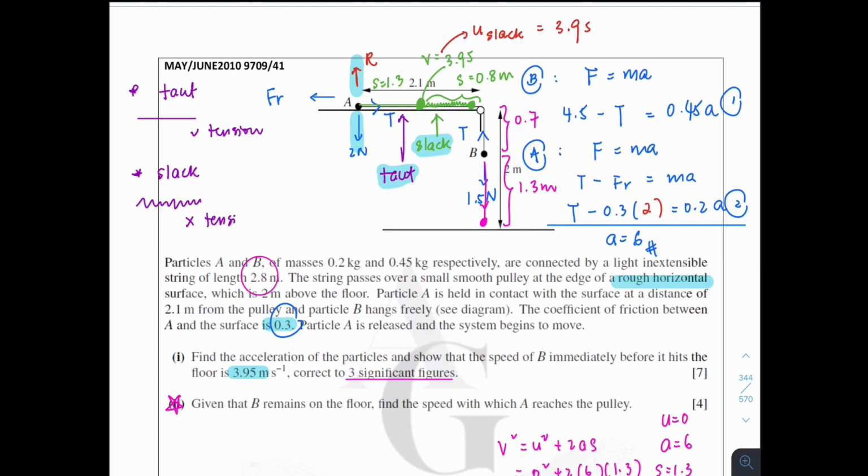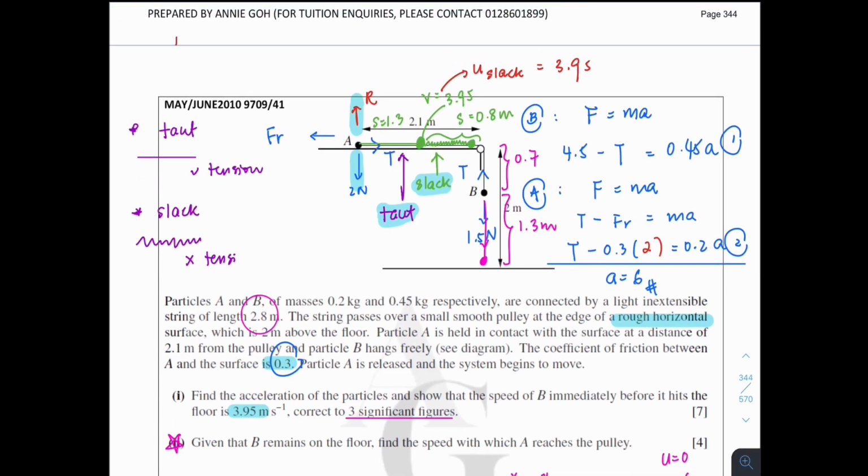The first thing to take note of is that the final speed when it's taut is equal to the initial speed when it's slack.